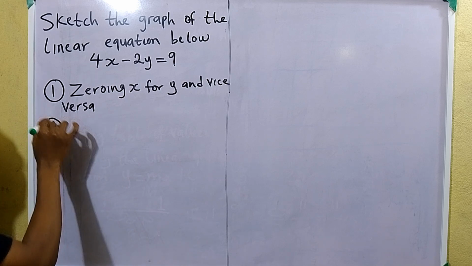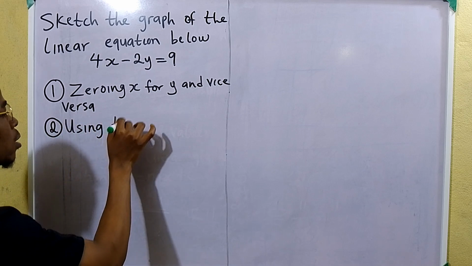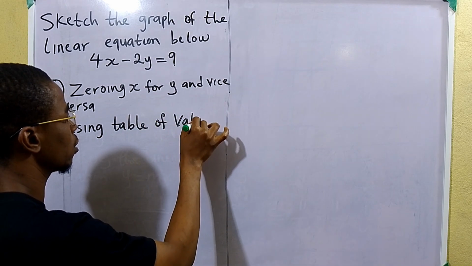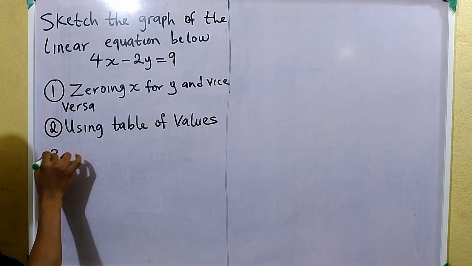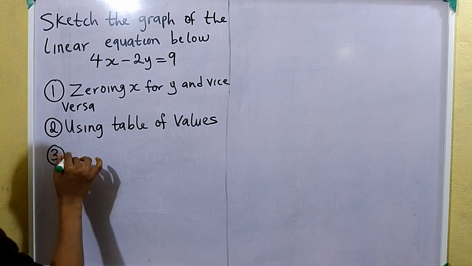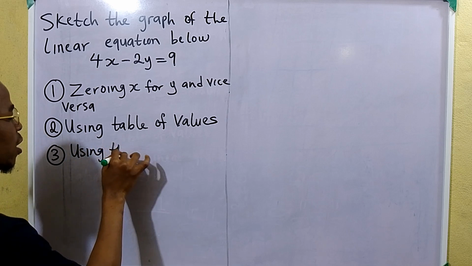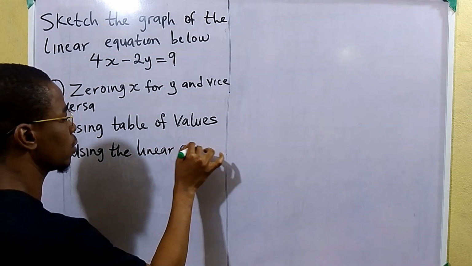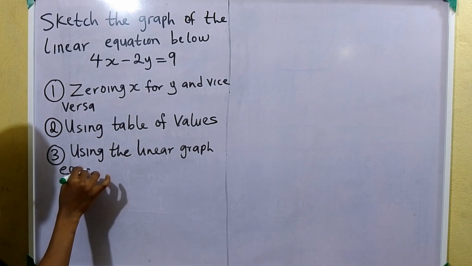For the second method, we say using a table of values. Here we draw a table of values which we use to get our graph. And the last method is using the linear graph equation.